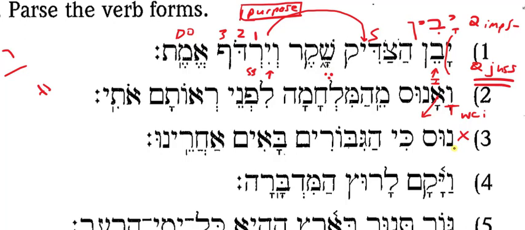Mate, he died. Bosh, he was ashamed. Okay? The other verbs that are active verbs or dynamic verbs, their cal perfect is always going to have either a kametz or a pathak. So this will be nas. That's he fled.